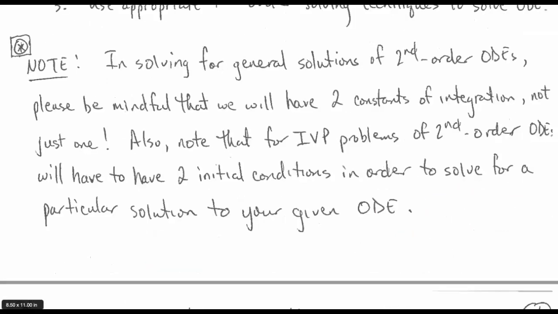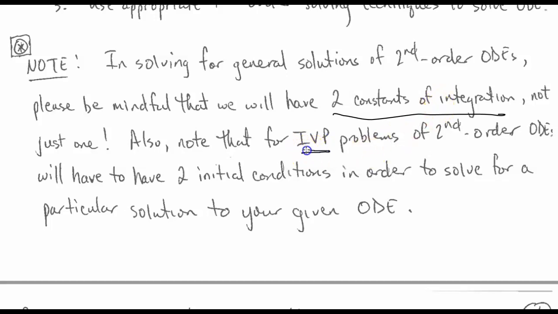Now, one last note that I want to say before we go on and talk briefly about the other technique for the other type of situation. In solving for general solutions for second order ODEs, we want to be mindful that we're going to have two constants of integration. Notice that whenever we had first order ODEs, when we were solving for general solutions, we only had one constant of integration, but now we have two.